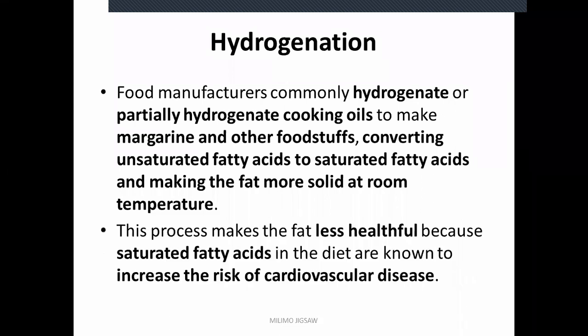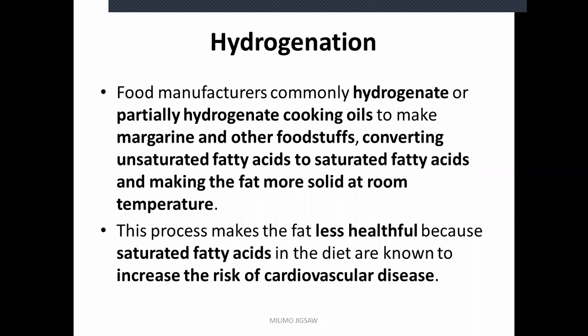This process leads to the formation of less healthful fats, because these increase the risk of cardiovascular diseases in general, which include diseases affecting the heart and the blood vessels as well. So this is what the process of hydrogenation does.